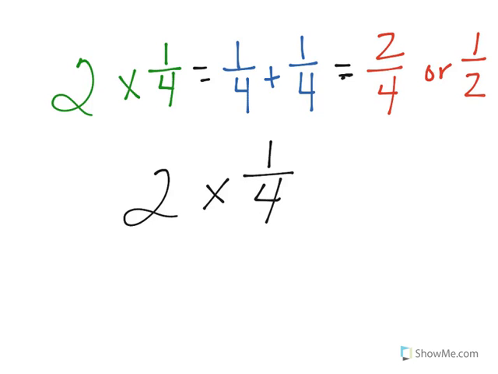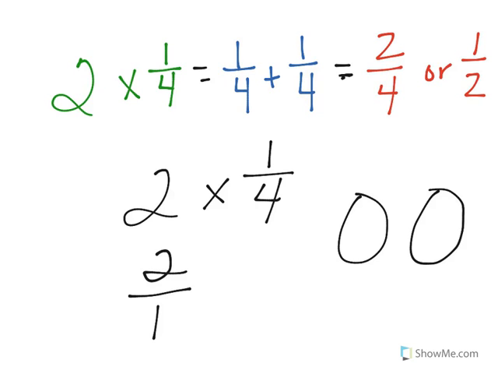Think about it. When you have two whole things, you're not dividing it up. It's just two whole things. So if we take our whole number and we put it over 1, that is 2 over 1, an improper fraction.